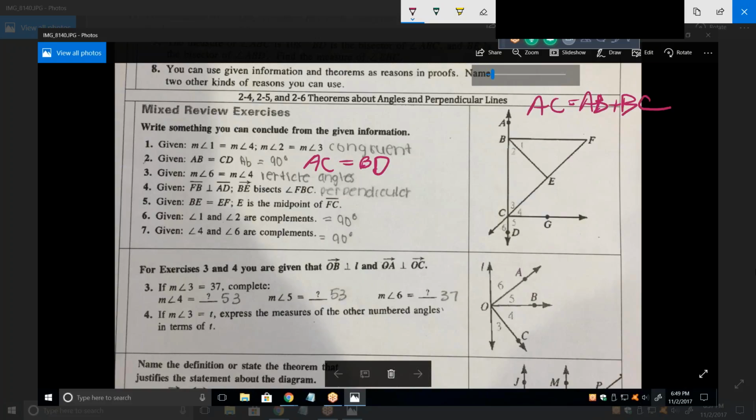And we've got BD is equal to BC plus CD. And then they're telling us that AB is equal to CD, so that's a given. And now by substitution, wherever I see AB, I can substitute CD. And BC is equal to itself.